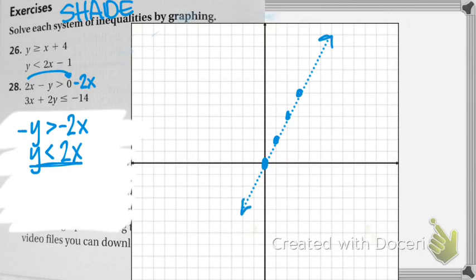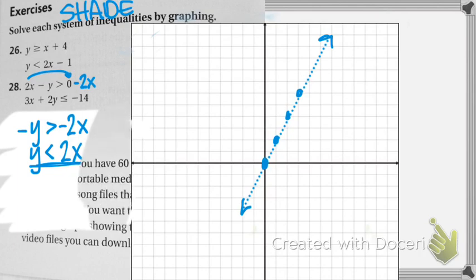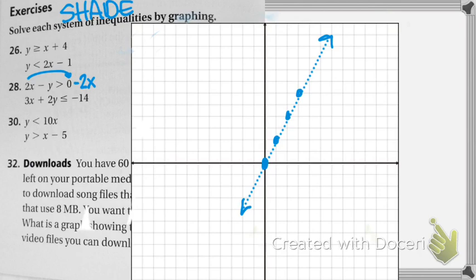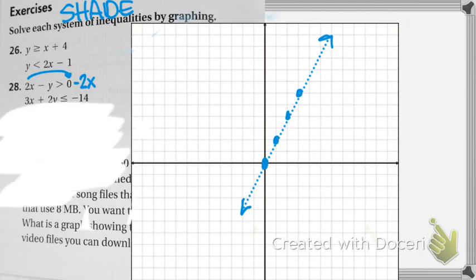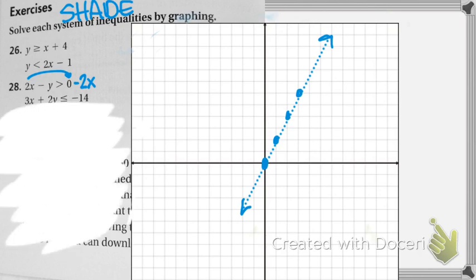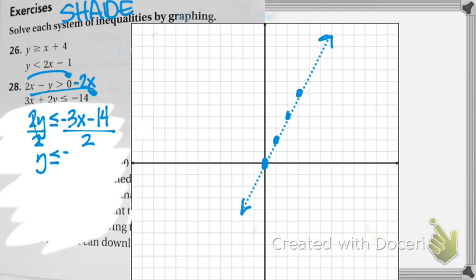Okay, the second one, I need to rewrite it as well, so I'm going to move that over. So it'll be 2y is less than or equal to negative 3x minus 14. And then I have to have just y, so I'm going to divide by 2. And I get y is less than or equal to negative 3/2 x minus 7.